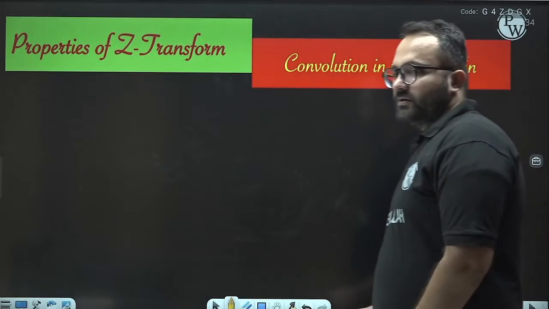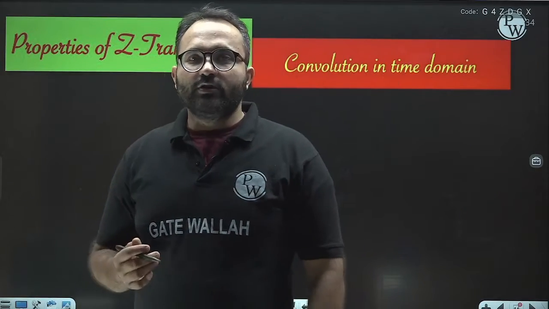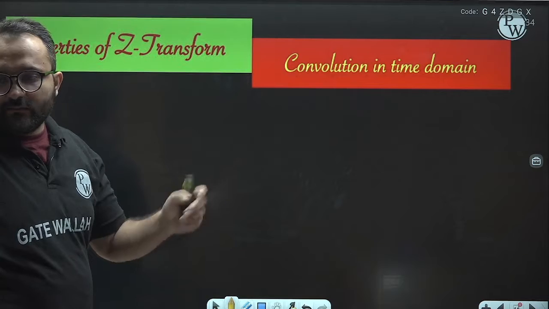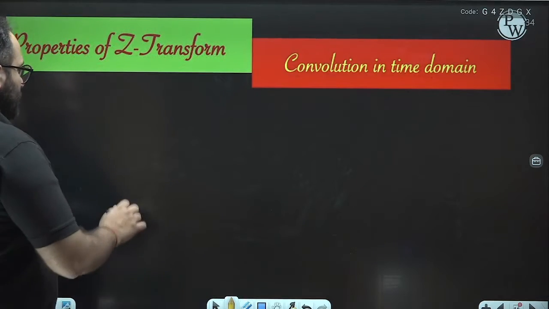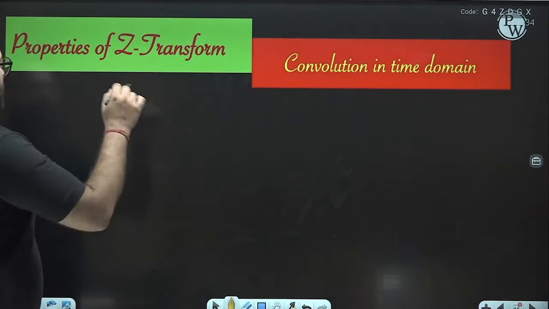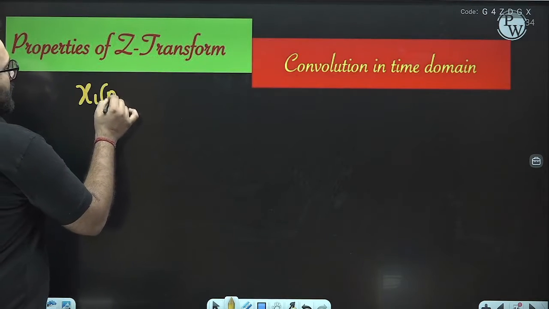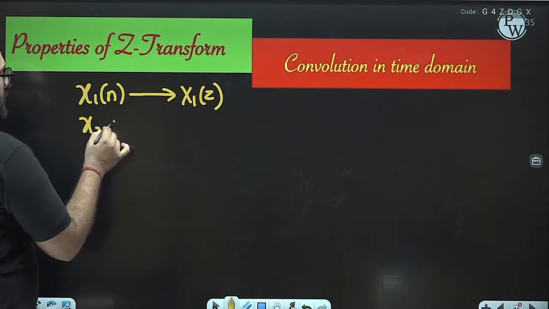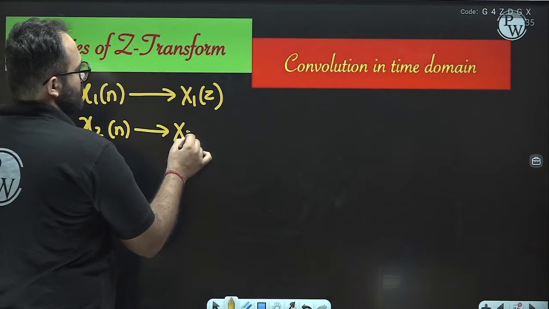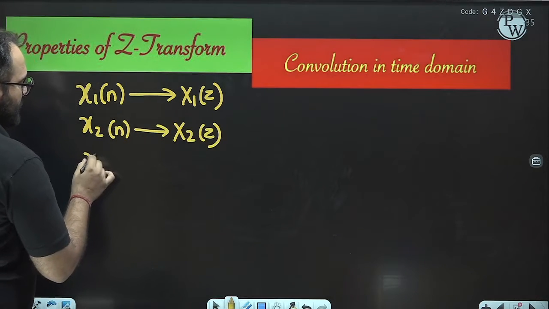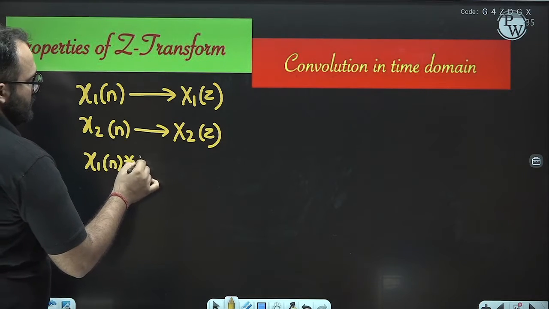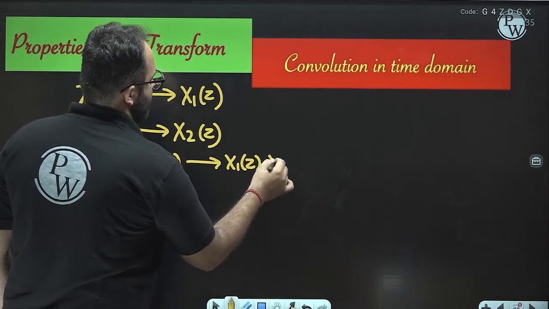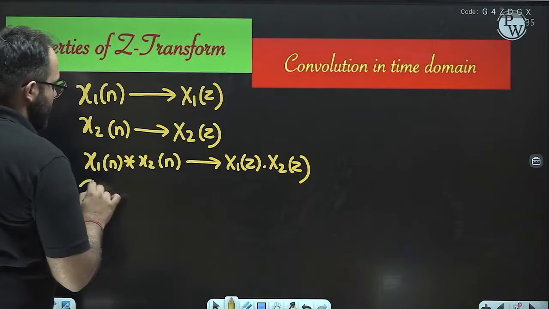Convolution in time domain. This property is similar to that of the Laplace transform. In Laplace also we have studied that convolution in time domain leads to multiplication in the Laplace domain. So here also, if x1[n] has Z transform X1(z), then convolution in time domain will lead to multiplication in the Z domain.